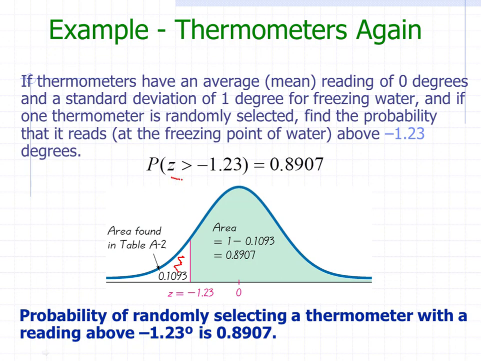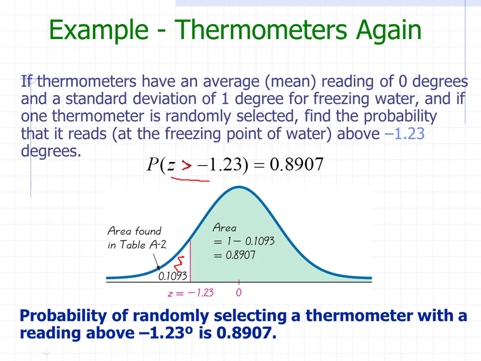But we want to know the area above it. So we don't want the number we read off the table. We want the area to the right. So since we know the area under the curve is 1, we're going to subtract our table number to get our probability because we're doing a greater than.